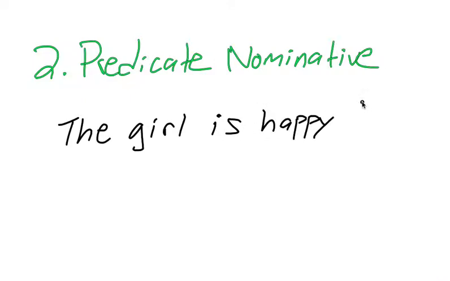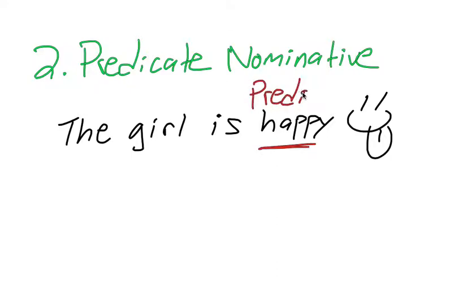Okay. Very happy, right? Yay, happy. Okay, so the girl is happy, and so happy would be a predicate nominative, and the girl would be the subject. So they would both actually be nominative in Latin.